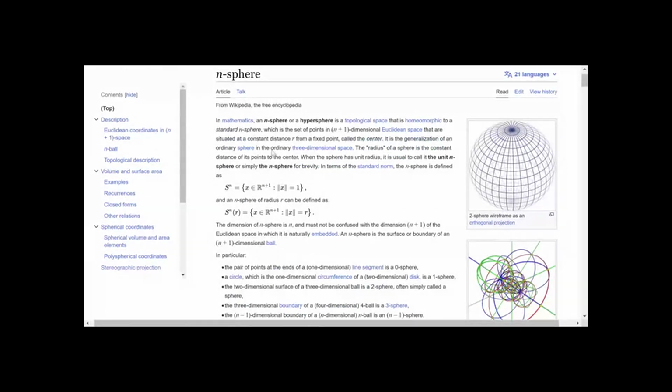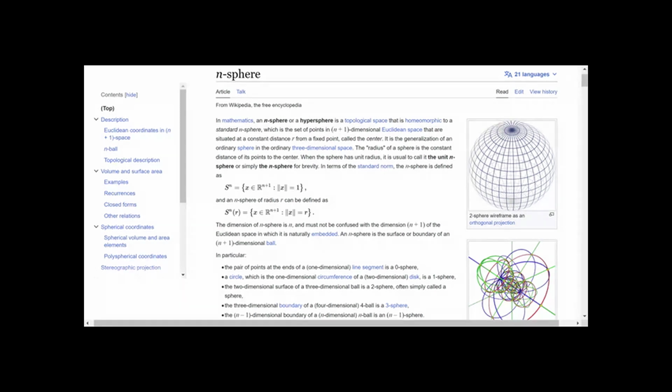So it says that in mathematics, an n-dimensional hypersphere is a shape that you get in an n plus 1 dimensional space. So basically, the circle is like a curved line, a 1D line in a two-dimensional space. The sphere is like a 2D curved surface in a three-dimensional space.